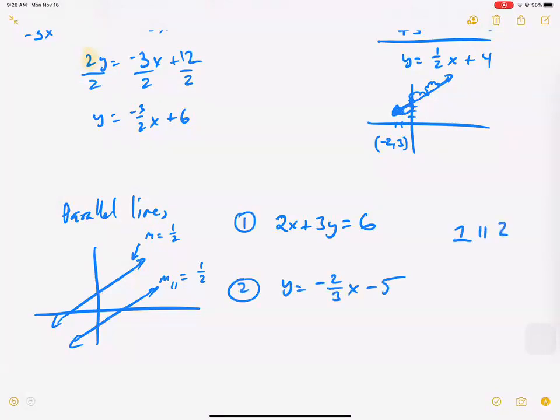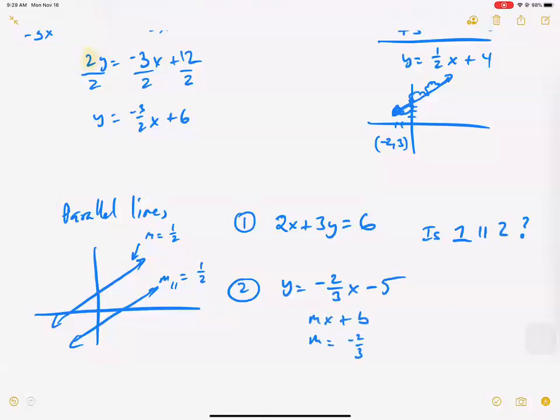And that's a question. Well, we only have to look for one thing. If the slopes are the same. Look at line 2. Do we know what the slope of line 2 is? The slope of line 2, mx plus b, m is negative 2 over 3.